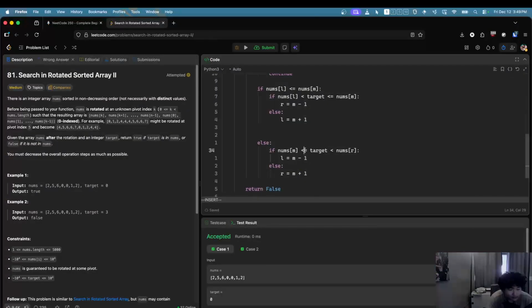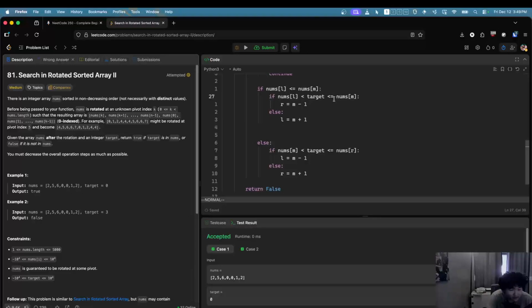No. Oh my goodness. The middle shouldn't equal the target. The target could be the right side, actually. Yes, if the target is the rightmost, that's fine, too. That means we should move towards that direction. If this is the rightmost and it's actually the target, we should want to move towards it.